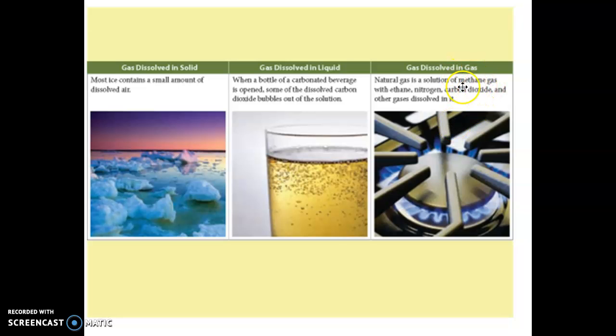An example here is methane gas that's mixed with ethane and nitrogen, carbon dioxide, and other gases. So the gas that comes out of your stove, if you have a gas-powered stove, is not pure methane. Methane is actually the solvent. There are other gases mixed within it that essentially allow it to work efficiently in your house when you're cooking.